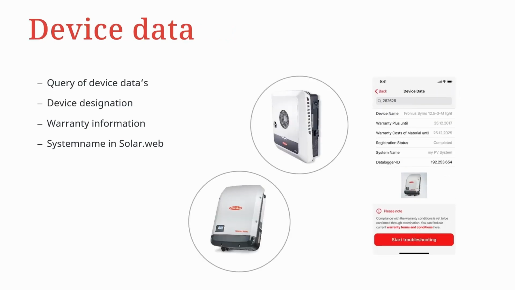Yeah, and if a customer is now asking you for any type of data sheet or information, for example, the customer wants to know how long the warranty for their device is going, you can easily find it in the application.